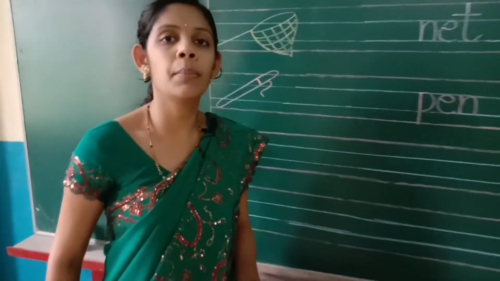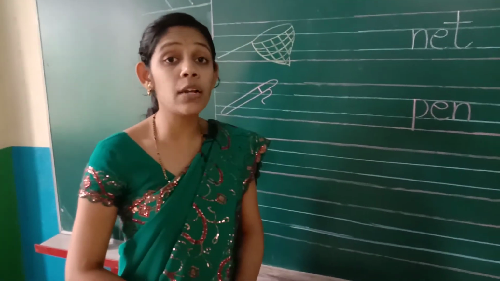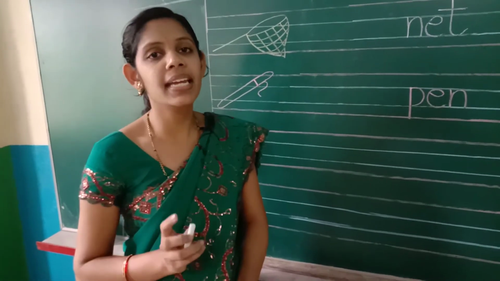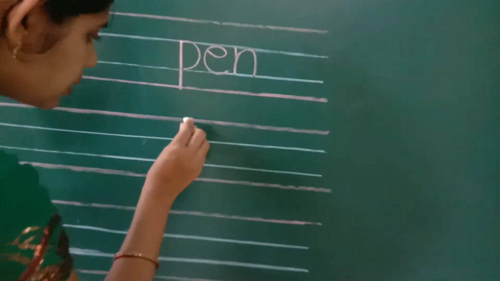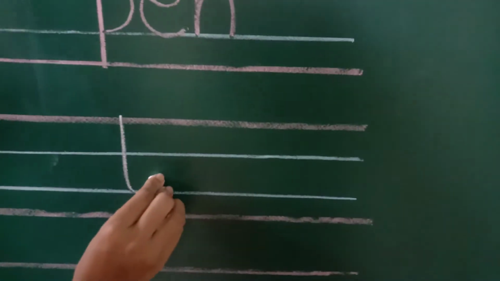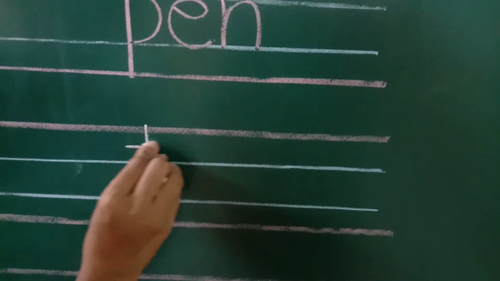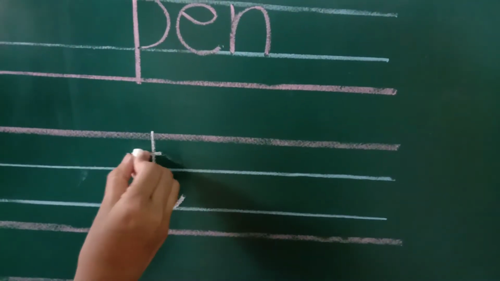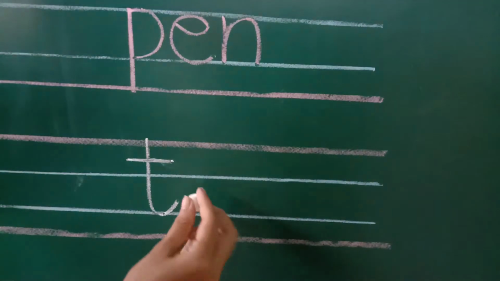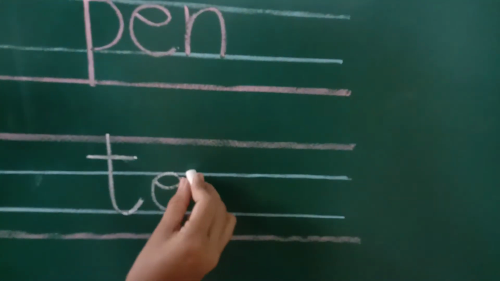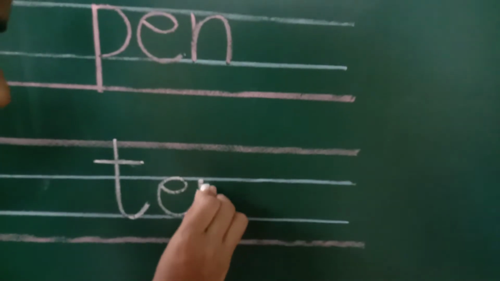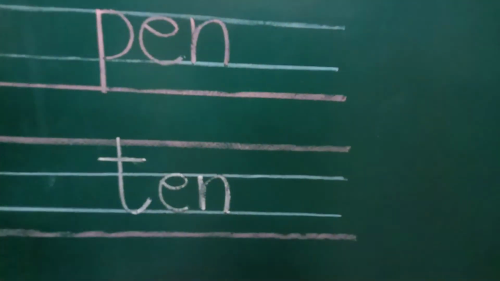This is number 10. So what is the spelling of 10? T-E-N, 10. Okay. So let's write the spelling of 10. T, E in between two lines and N also in between two lines.